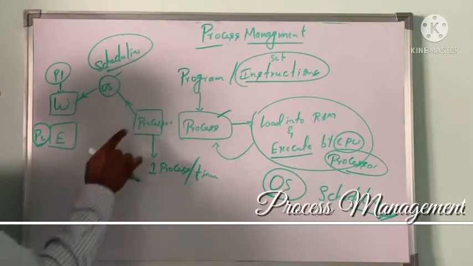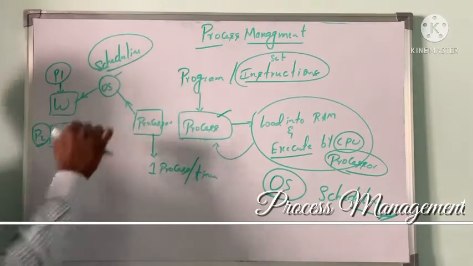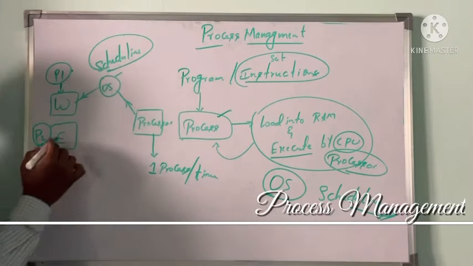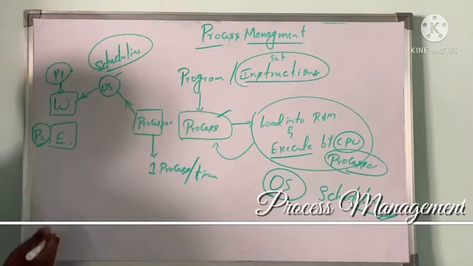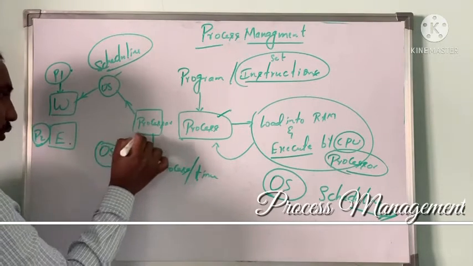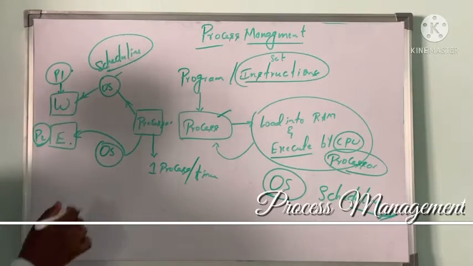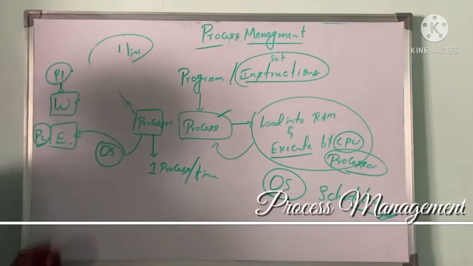If I want to execute Excel, process 2, the operating system allocates the processor to Excel. Then Word stops executing and Excel is executed.